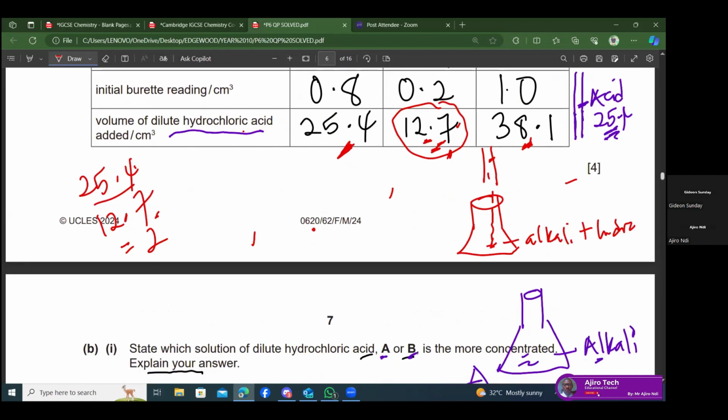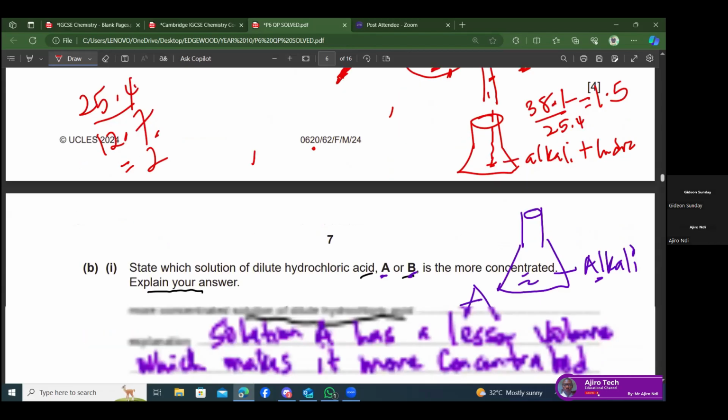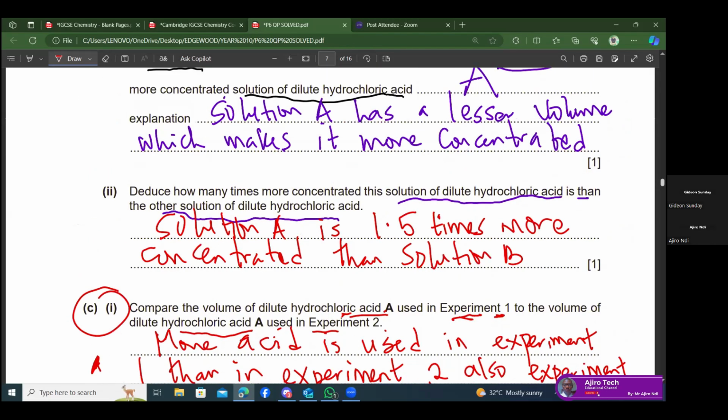We are comparing 38.1 and 25.4, so we do 38.1 divided by 25.4, and you observe that you get 1.5. So solution A, hydrochloric acid A, is 1.5 times more concentrated than hydrochloric acid B.